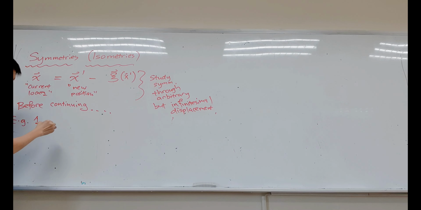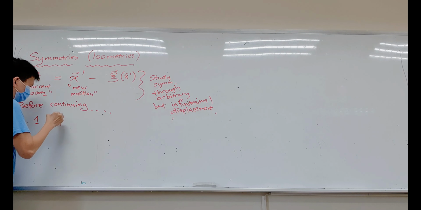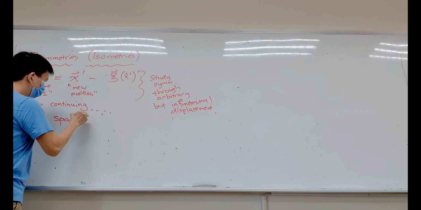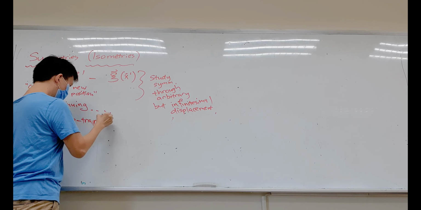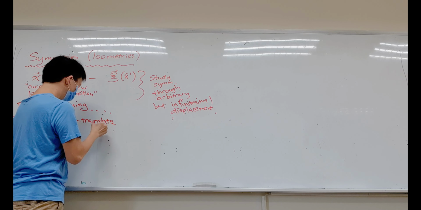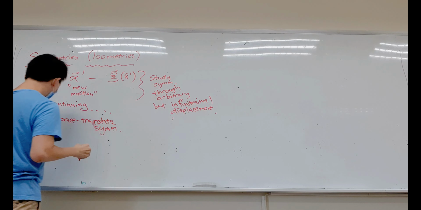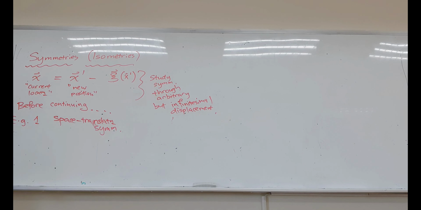Example one is space translation symmetry. This is very intuitive, so let me just say what I mean. It can be in arbitrary dimensions.